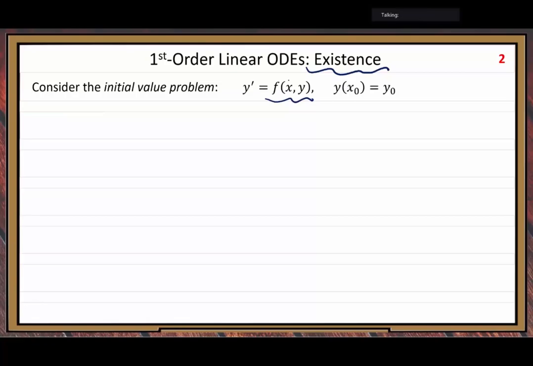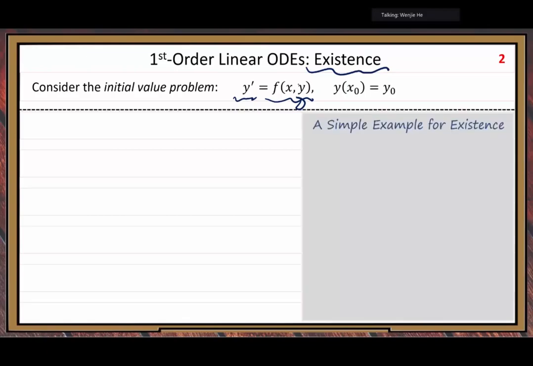For y prime it is linear, but regarding y it may not be linear. For y, we allow y squared, so any kind of y terms.